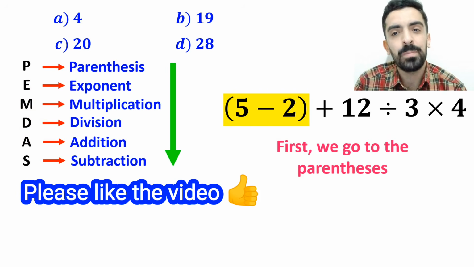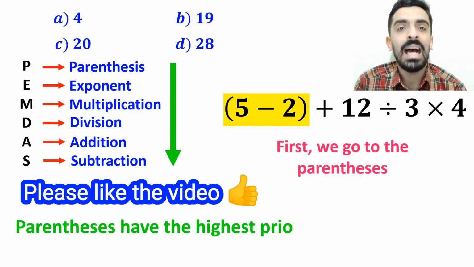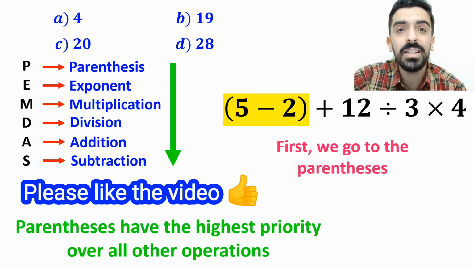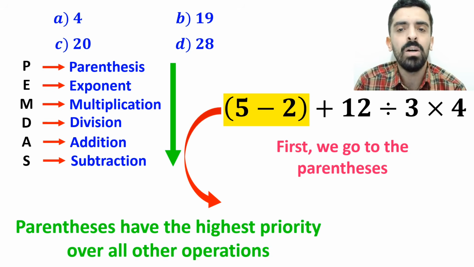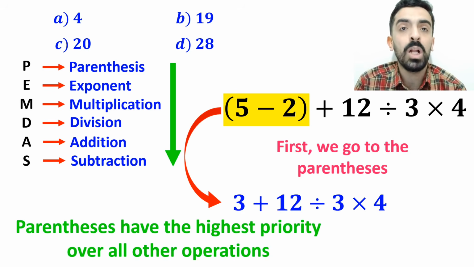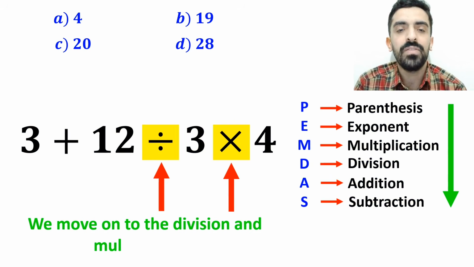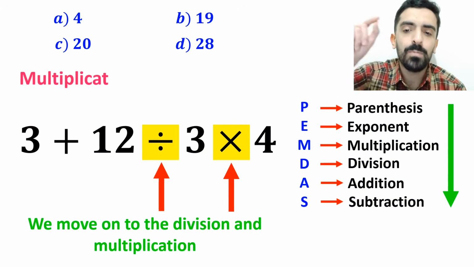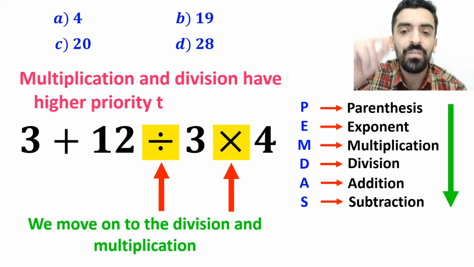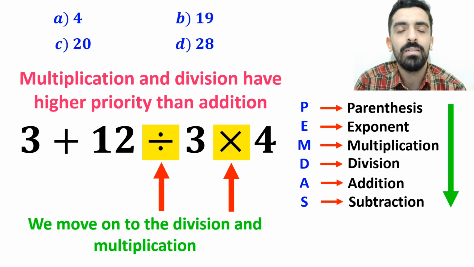Okay, first we go to the parentheses, because according to the PEMDAS rule, parentheses have the highest priority over all other operations. So, we can write this expression as 3 plus 12 divided by 3 multiplied by 4. In the next step, we move on to the division and multiplication, because multiplication and division have higher priority than addition.